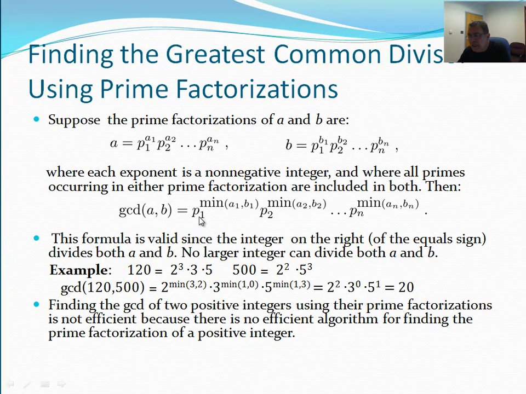And then we pick the minimum and we write the numbers. Let's look at the example. The example is 120 and 500.